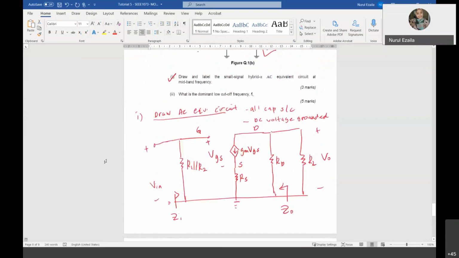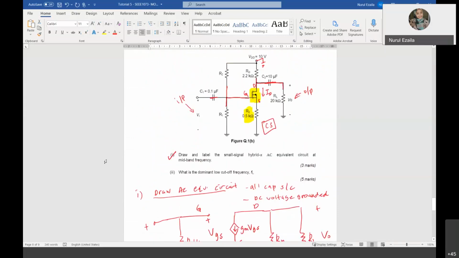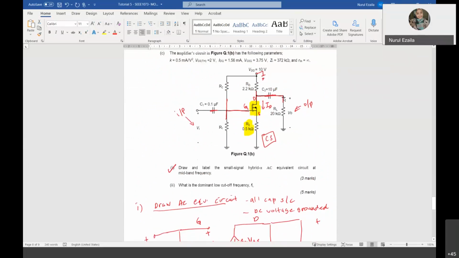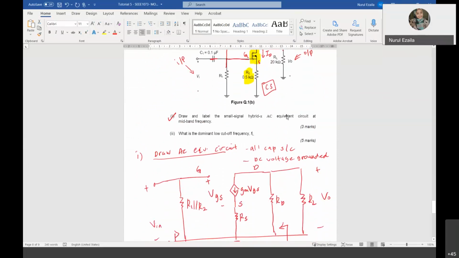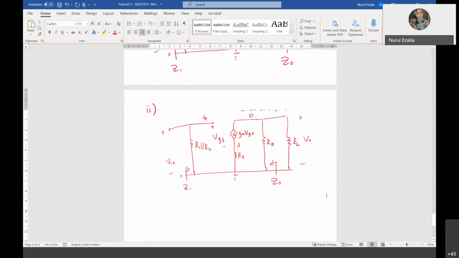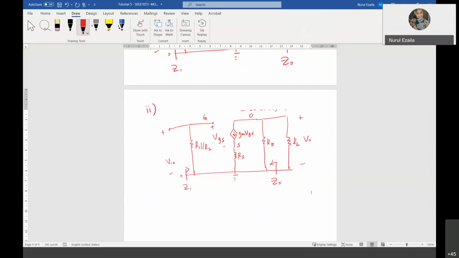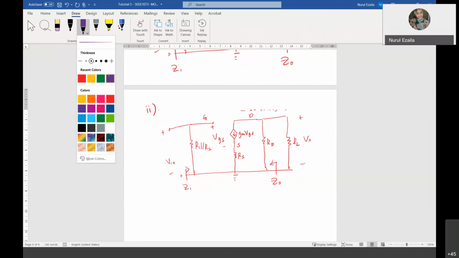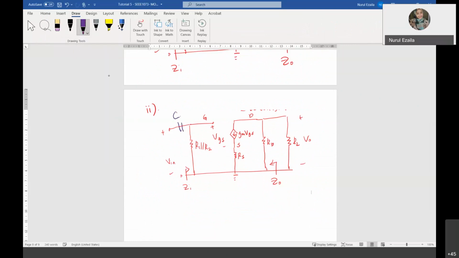C1 is before RL and C2 is after, sorry, in between RD and RL. Okay, let me draw again. So this is your C1 and this is your C2.